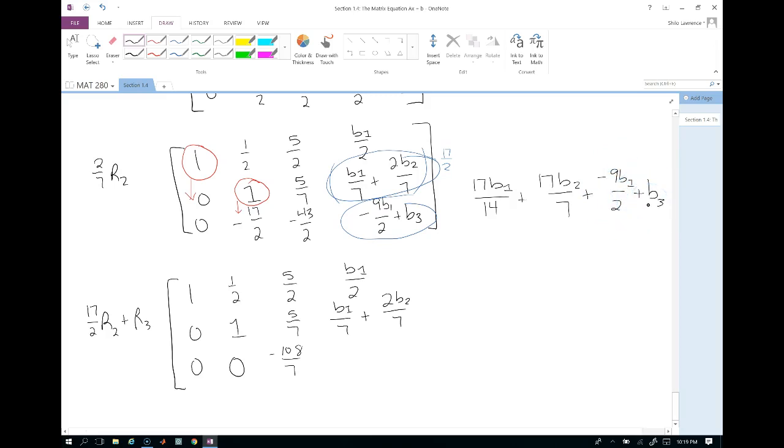So there's two B1 terms there that we can put together: the 17B1 over 14 and the negative 9B1 over 2. So we'll get a common denominator of 14. And that's negative 63 plus 17. And after simplifying, I get negative 23/7 B1. And then the B2 and the B3, there's only one of each of those terms, so we don't combine them with anything.